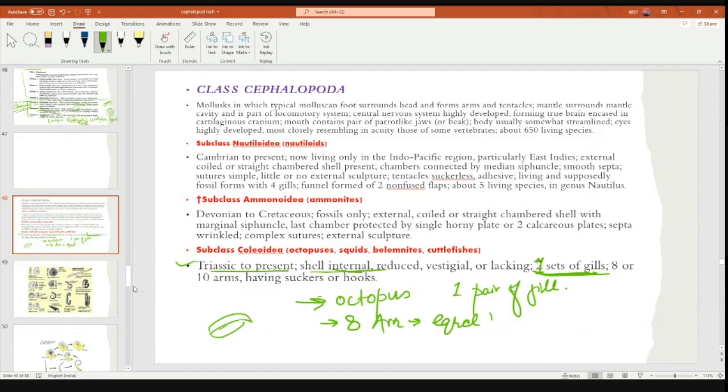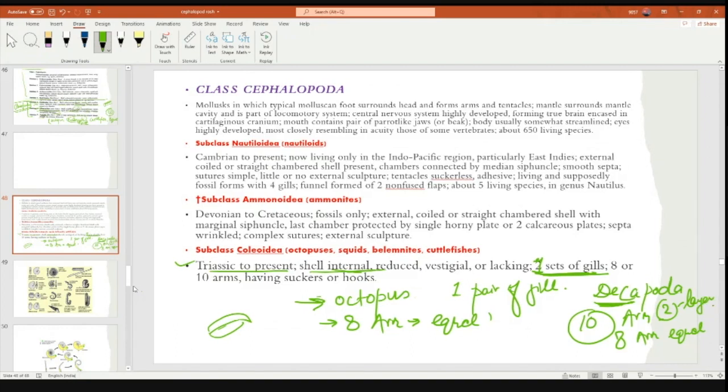But one more case is there, Decapoda. Decapoda means 10, deca means 10. Penta means 5, hexa means 6, octa means 8. So deca means 10, so here 10 arms are there. Out of the 10 arms, 8 arms are equal, and the 2 arms which are left are quite larger.